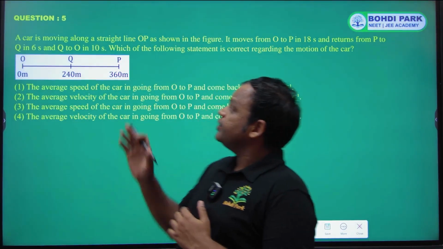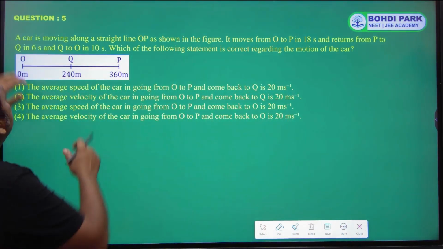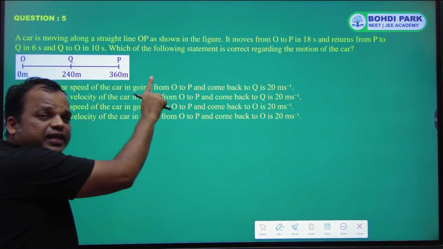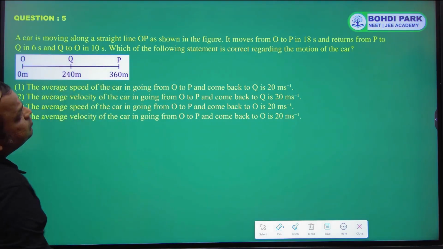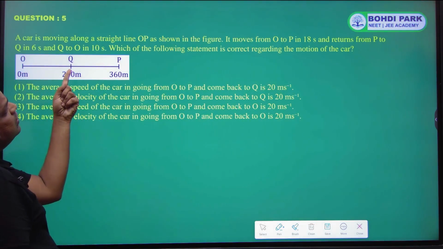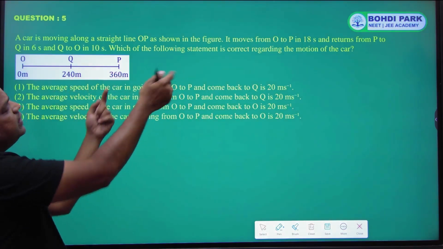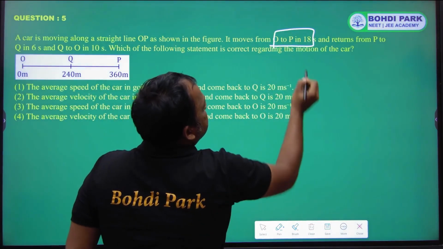Now question number 5. A car is moving along a straight line OP. Along this line the car is moving. It is going from O to Q, then Q to P. So basically O to P in 18 seconds.